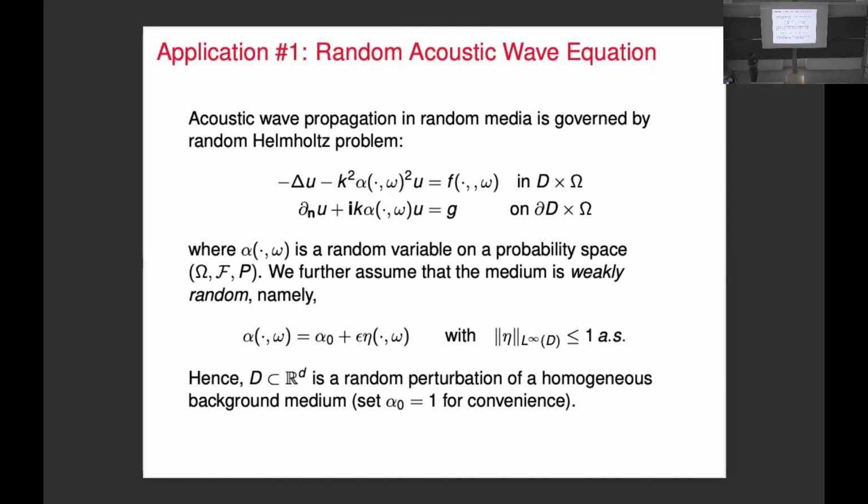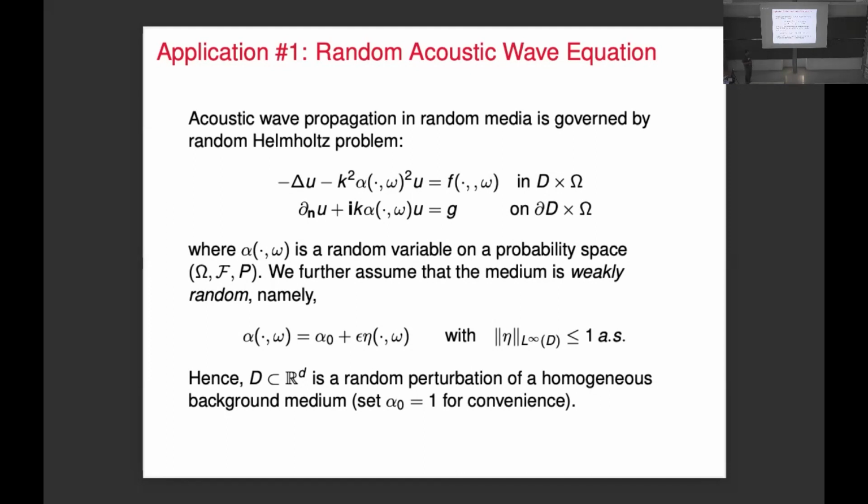Okay. So in this case, you only need to consider the weak media case. For the general media case, you have a reformulation, and then you apply the weak media case. So here we assume the weak media case, where alpha has a deterministic background with a random perturbation.